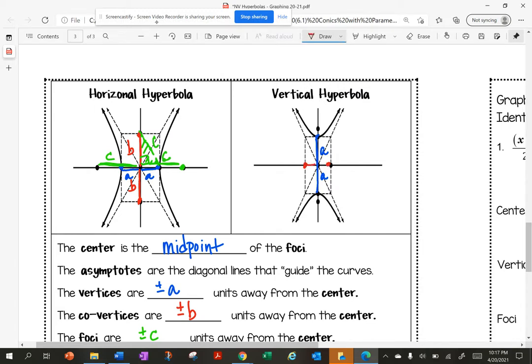So from here to here is B. And C is to the foci. So here is C. Okay. So I can redraw C and make my triangle here.